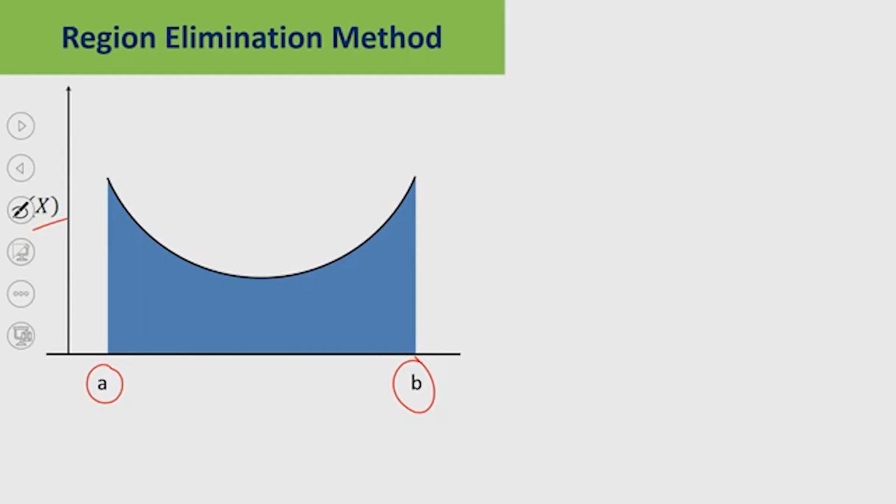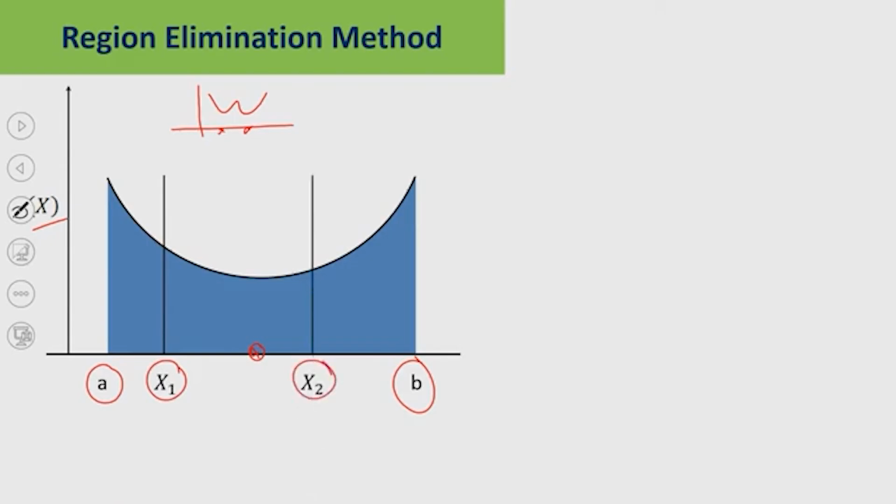I can also give you an example of a bimodal function. There are two modes, which means there are two optima, but in this case there is only one optimal solution somewhere here.